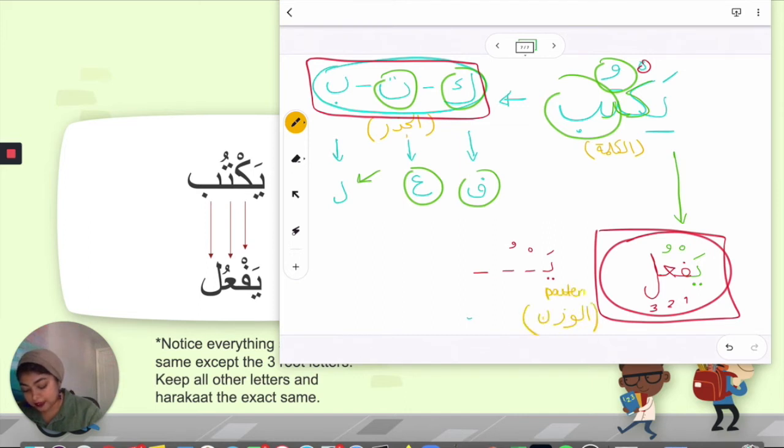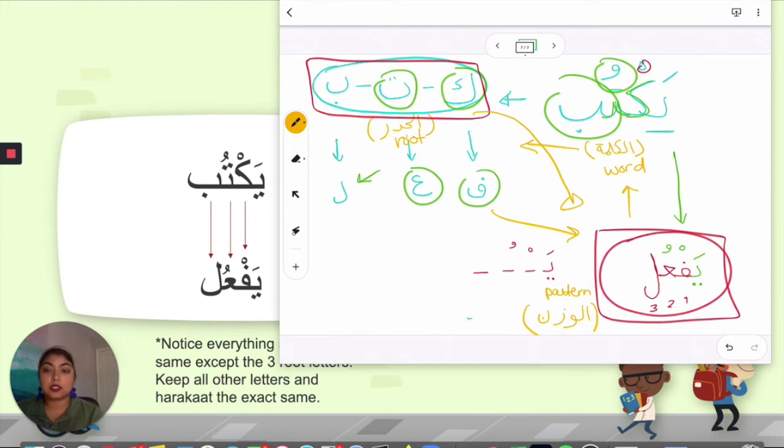So we have the pattern, the word, and the root letters. If I give you the root and I give you the pattern, all you have to do is plug the root into the pattern where you replace the fa, ain, lam with those root letters. And what will you get? You'll get the word. If you take the word and replace it with fa, ain, lam, then you'll get the pattern.